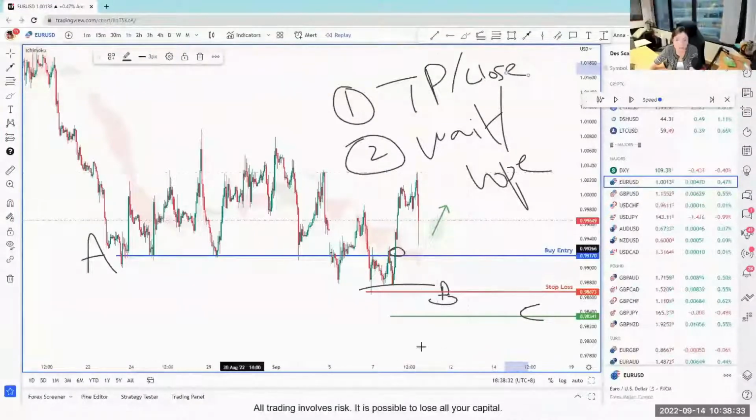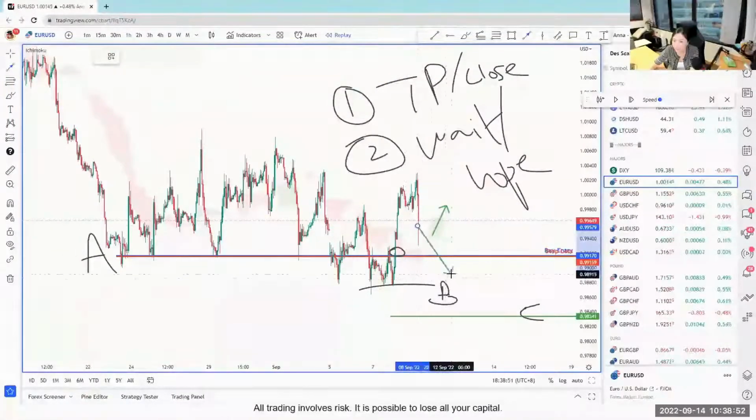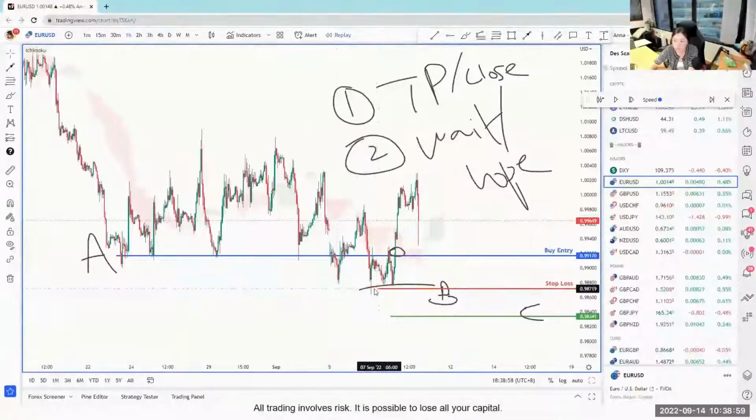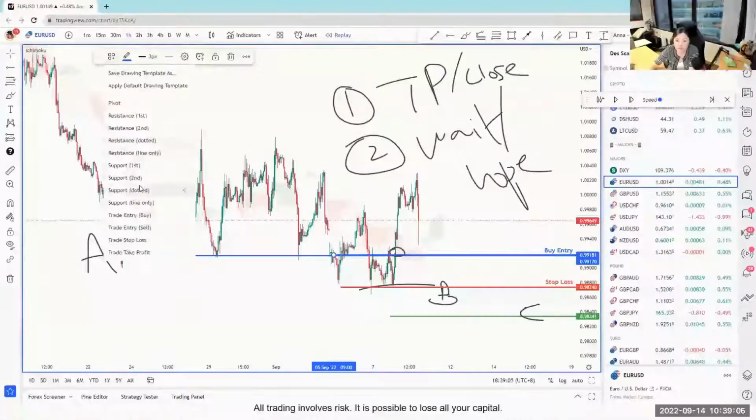But have you guys ever thought that you can move your stop loss from here to here, so you will not lose any money in case price actually flies back down from here to here? So the two stop losses that I have shown: one is here, your previous stop loss. This is the second stop loss.